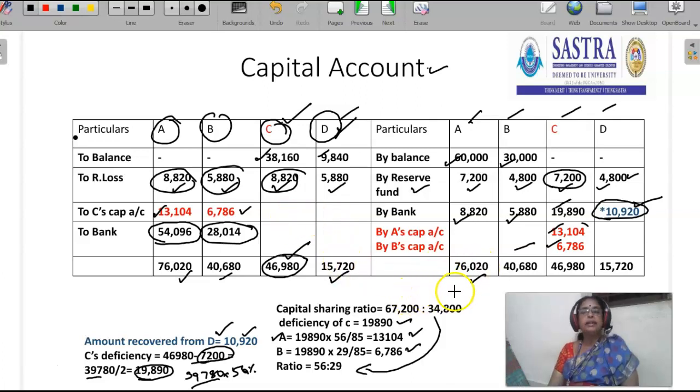We have calculated the then capital ratio, and we close C's account, that is the insolvent partner's. Then let's see the solvent partners' position. In this case, D has to give 10,920 rupees to the firm, and the firm has to give A 54,096 and B 28,014. Hope you understand this capital account.